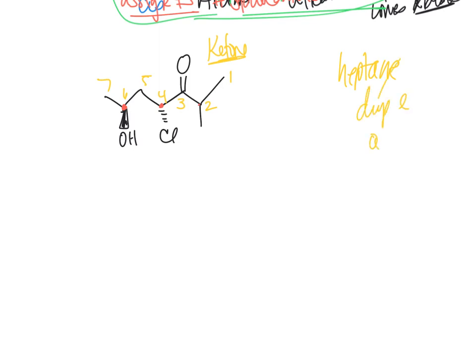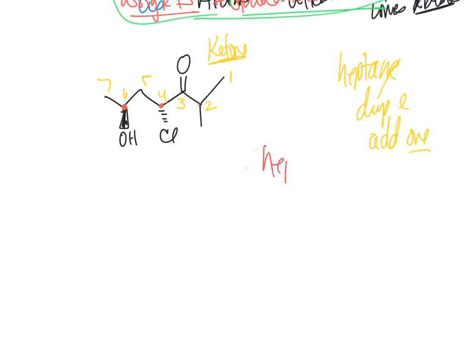Drop the E, add the -one. So now we drop the E and we add the -one for the ketone. So you could just do it like this. You got the old school and older school.